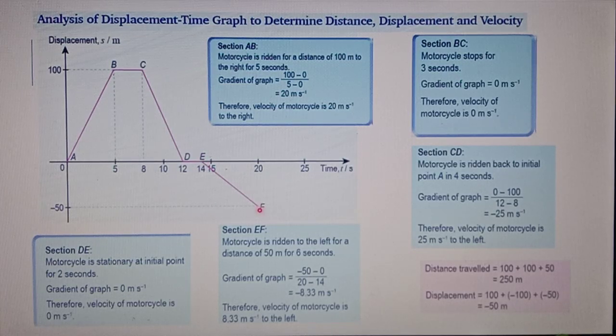EF also negative, so minus 50. So 100 minus 100 minus 50, and then we get negative 50 meters. So where is the position of the motorcycle at the end? Meaning it is 50 meters to the left of the original position or initial point.